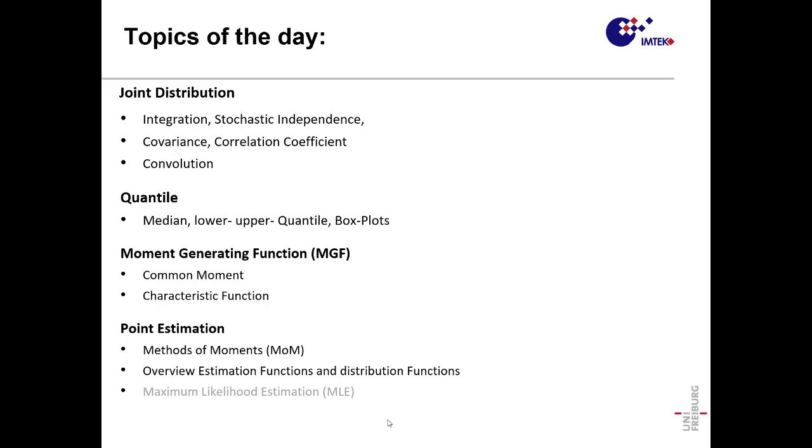Then we describe quantiles, which you probably have seen before: the median, the lower and upper quantiles, and we define what a box plot is, which is a very useful tool. Then we go through moment generating functions and how we can define moments from a distribution, and then how we can estimate parameters of a distribution with this concept.